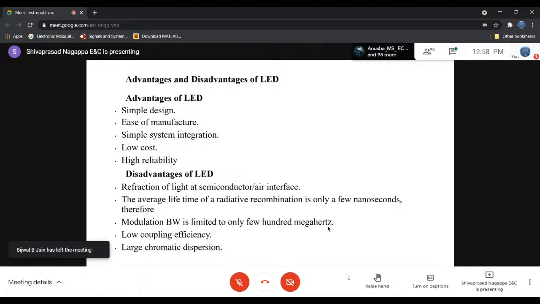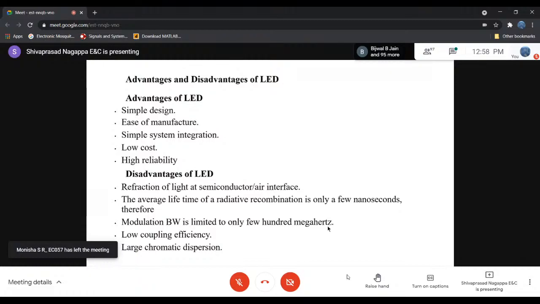As you all know, in the previous class we discussed the spectrum and the radiation pattern of your LED. It is wide compared to your laser diode. Hence, the coupling efficiency is very low, since the radiation pattern is very large compared to your laser diode or any other sources.